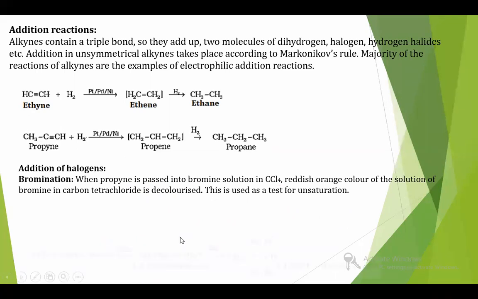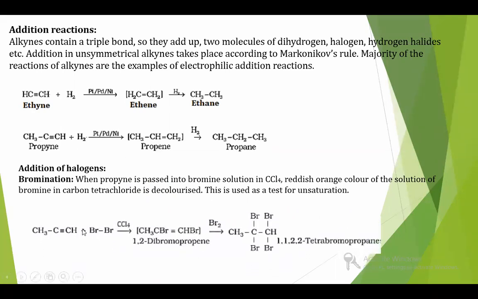So we'll see the chemical equation. The alkyne is treated with bromine, Br2. One bromine attaches here, another bromine attaches here, and the triple bond becomes a double bond.